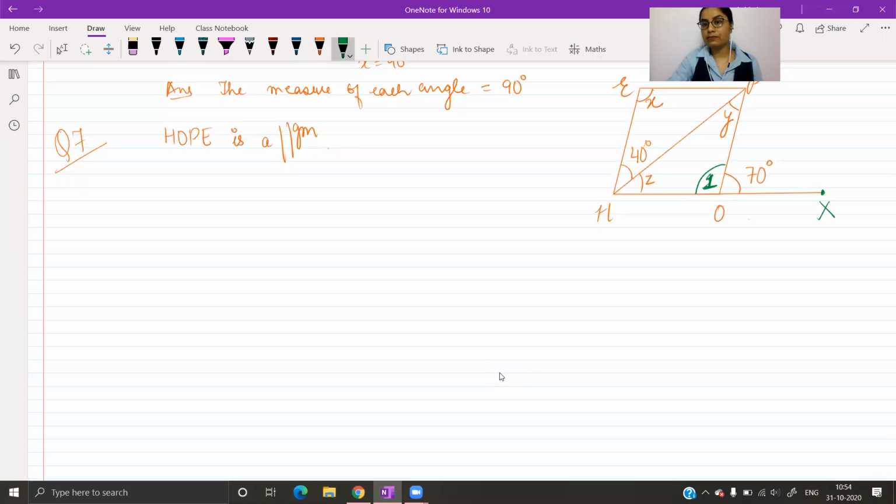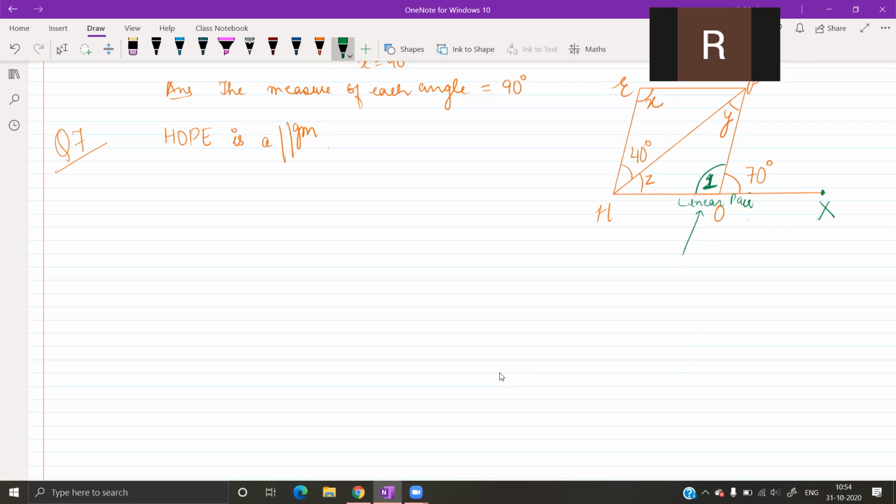So 1 and 70 will be forming a linear pair. We will have the value of angle 1. Once we have the value of angle 1, we can find the value of x. It's opposite to the angle 1. Opposite angles of a parallelogram are equal. After that, for z and y, think of some other way. Anyone?